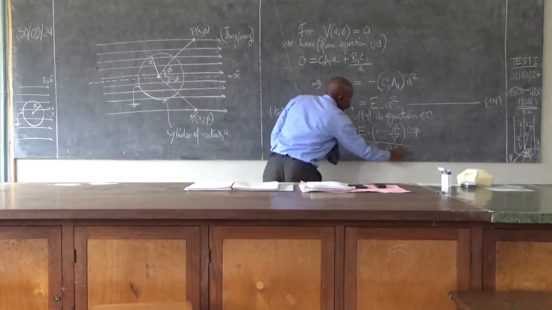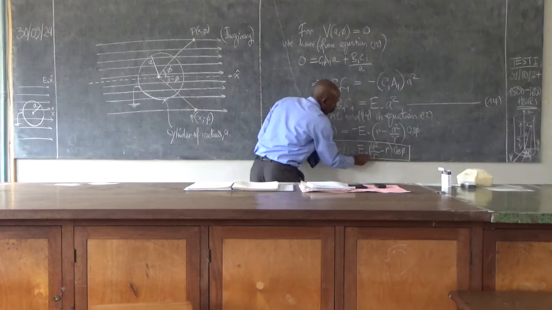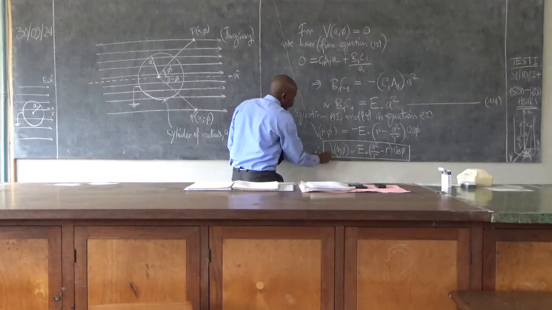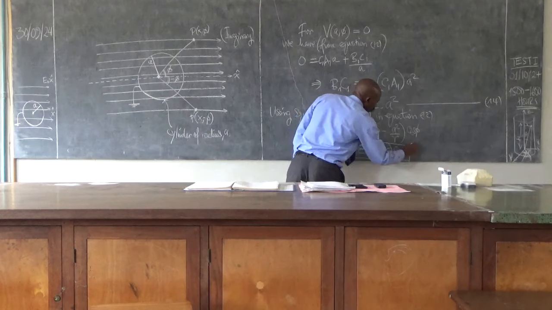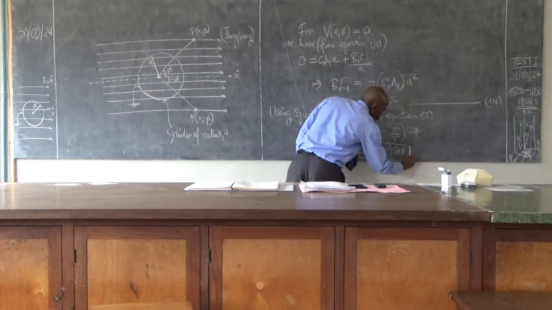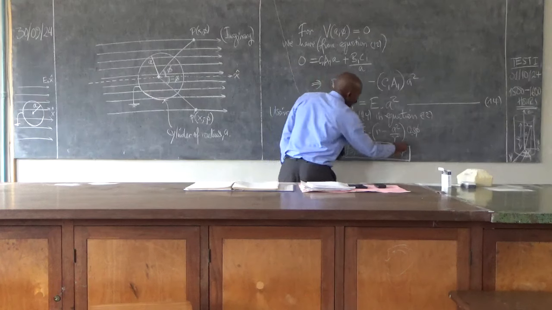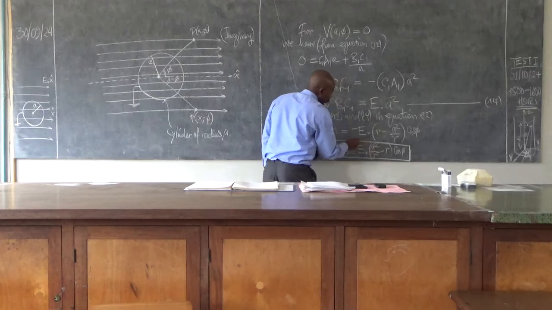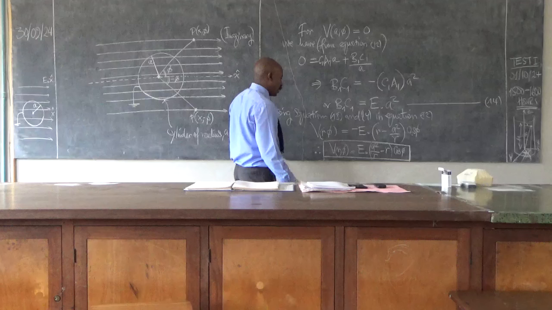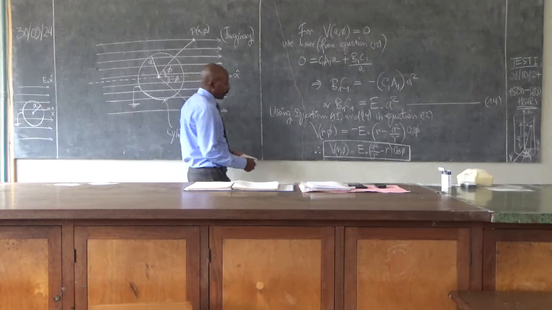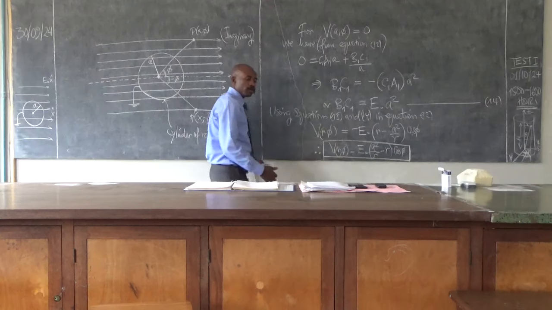So this would be the potential, the general solution of Laplace's equation for a cylinder. So this would be the potential due to a conducting cylinder that is placed within a uniform electric field E equal to E naught.